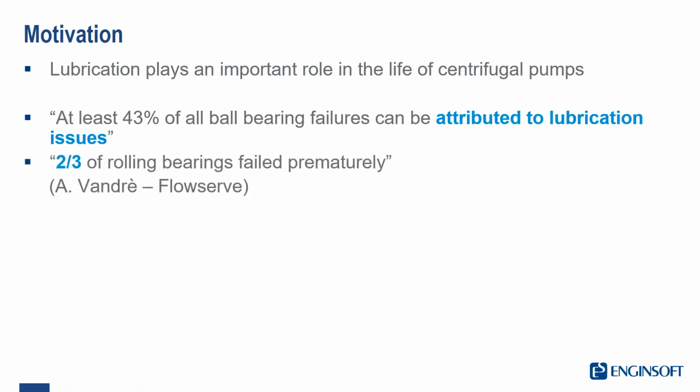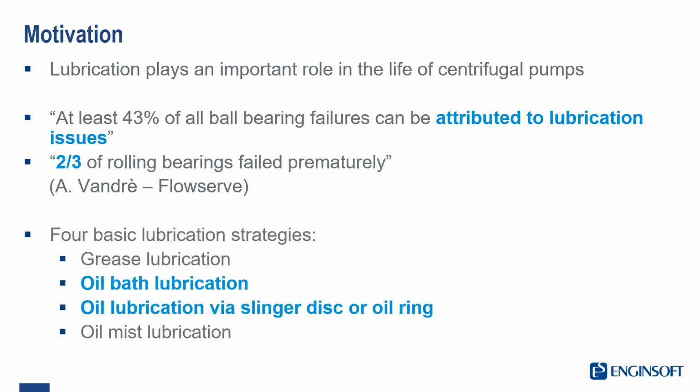There are a lot of papers suggesting that most of the failures of bearings can be attributed to lubrication, so lack of lubrication. And actually, two thirds of rolling bearings also fail prematurely. So it's very important to analyze and promote the lubrication of bearings in this kind of system.